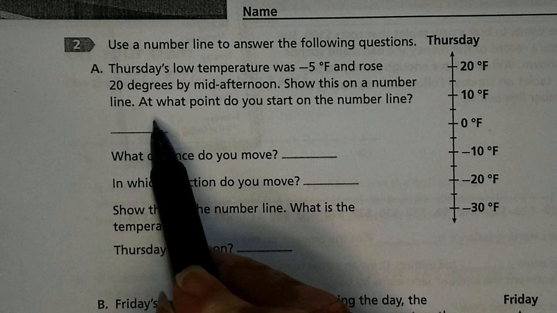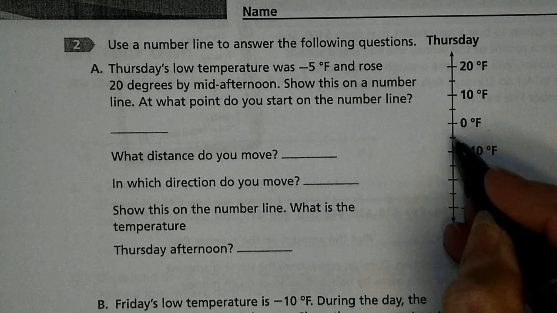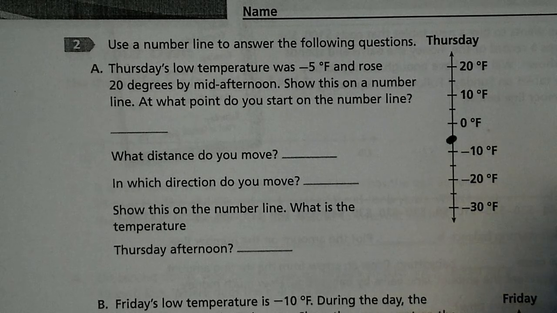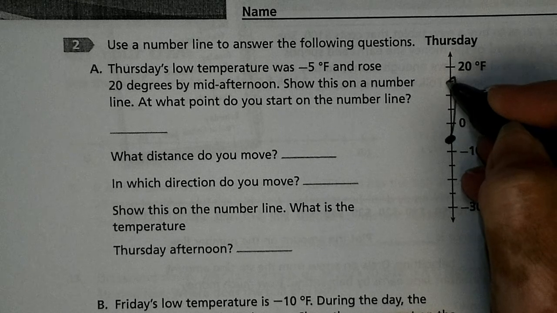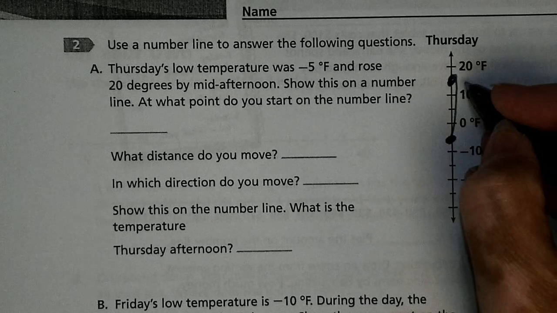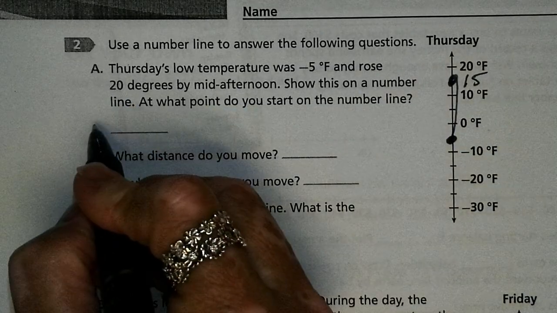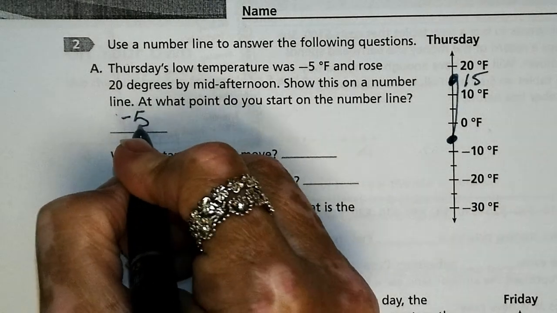So the start where you put the number line is at negative 5 degrees Fahrenheit. Okay. And then the distance you move up is 20. So am I here? 15? Yeah. Okay. Right. 15. So starting point on the number line was negative 5. Yep.